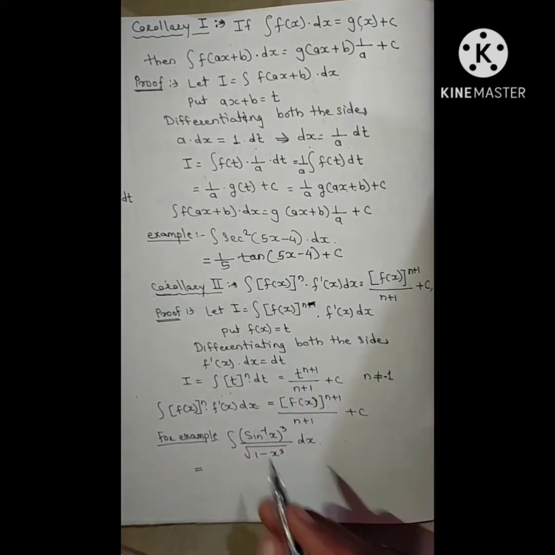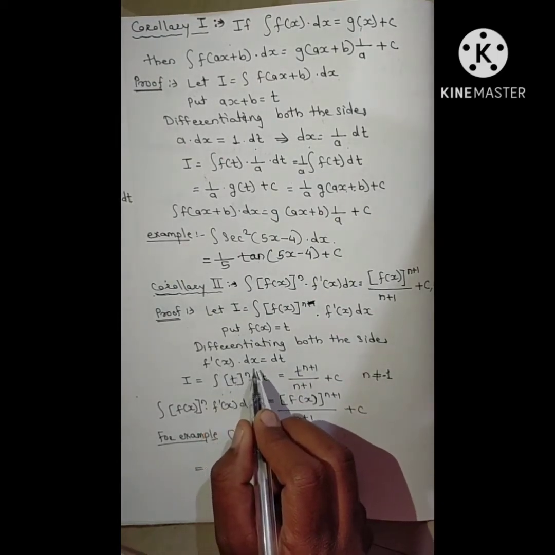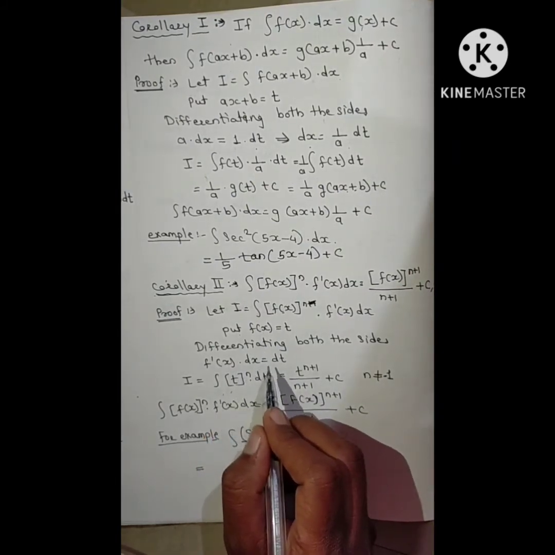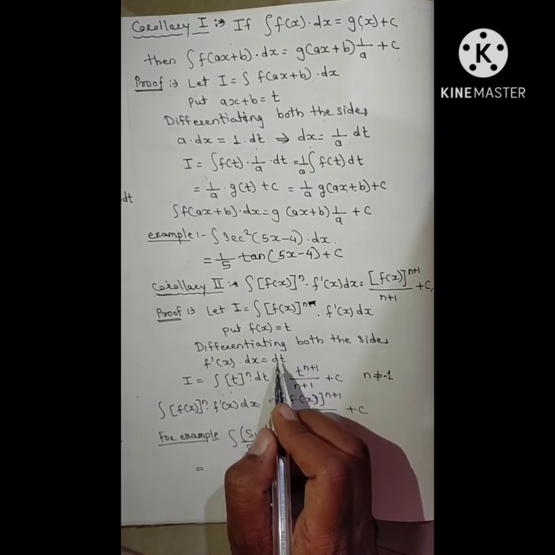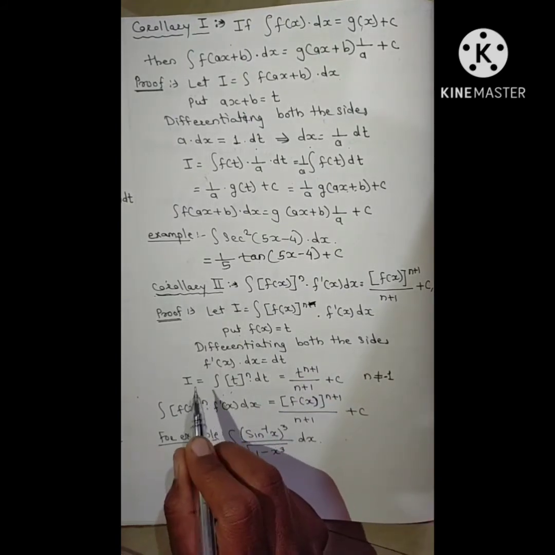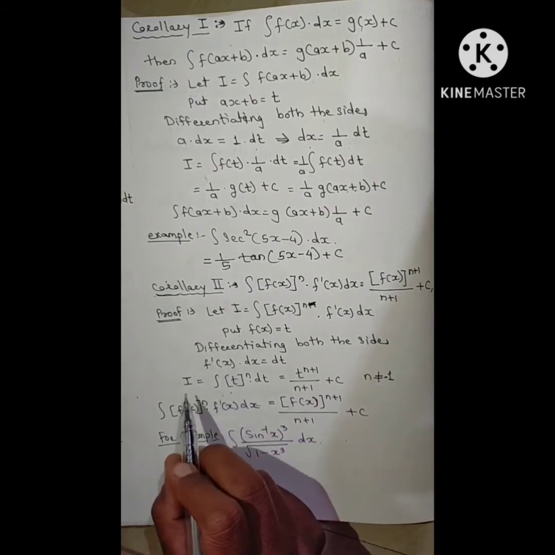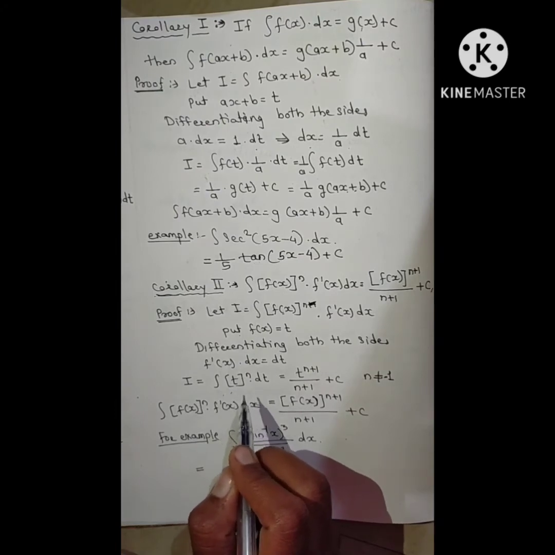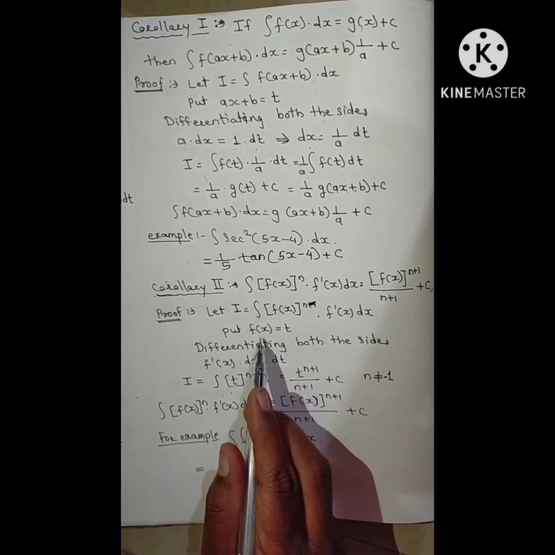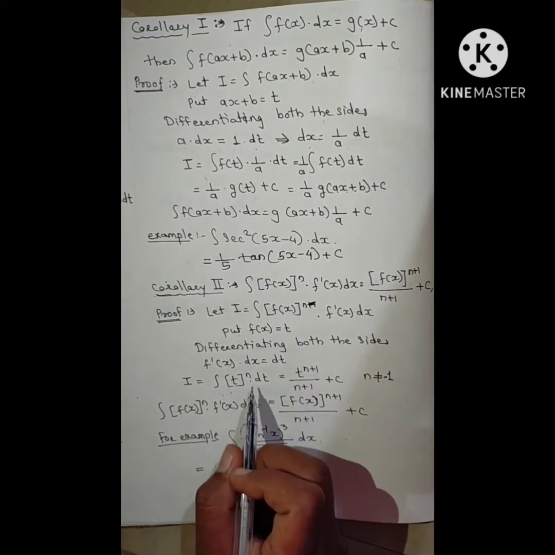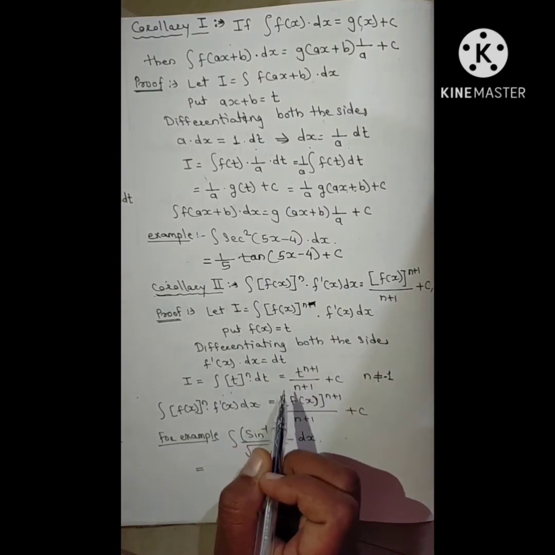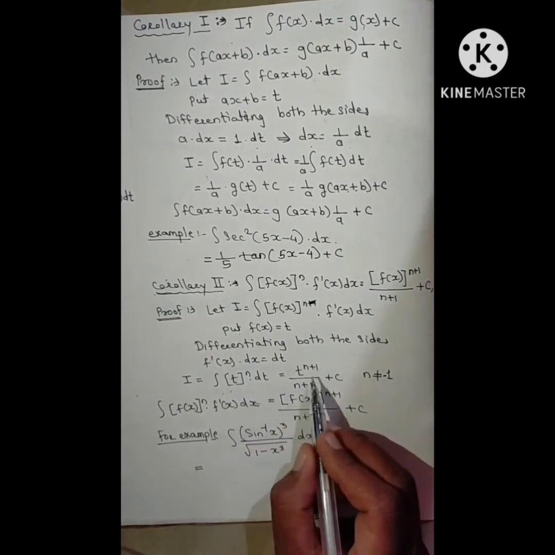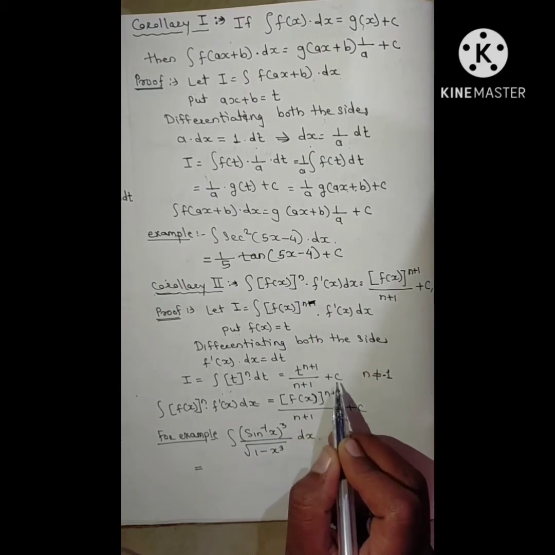Differentiating both the sides, we get that the derivative of this f of x is f dash x dx, which is equal to derivative of this t, that is dt. Therefore, substituting this value in the above integration, we get that I is equal to integration t raised to n dt, which is equal to, we know the standard formula, t raised to n plus 1 divided by n plus 1 plus c.